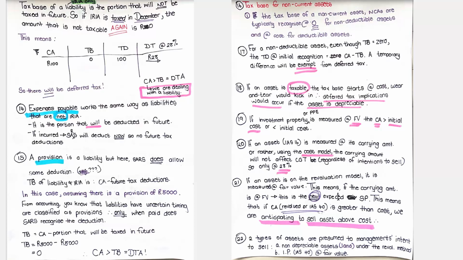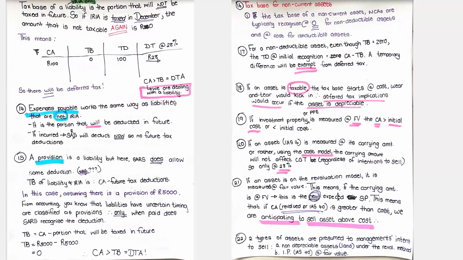So tax base for non-current assets, the tax base for a non-current asset is typically zero for non-deductible assets, such as land. And for a non-deductible asset, even though the tax base is equal to zero, the temporary difference at initial recognition will be exempt from deferred tax.